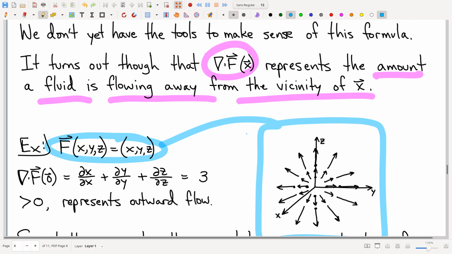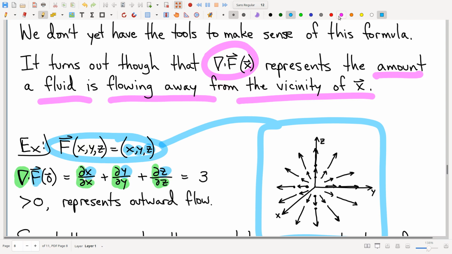Okay, so let's take the divergence. And we can totally do this. I'm going to literally take the first, second, and third components of my vector field and take their partials with respect to x and y and z, in the dot product sort of way.